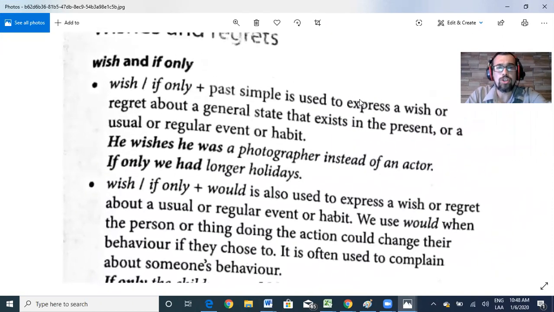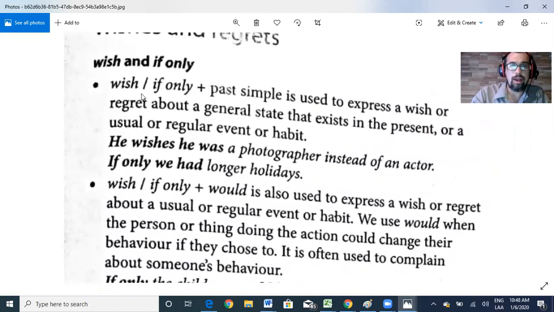Okay, so let's go with this first formula. When you see wish or if only plus past simple, how can I use this form? Well, wish or if only plus past simple is used to express a wish or regret about a general state that exists in the present, or a usual or regular event or habit. For example, he wishes he was a photographer instead of an actor.